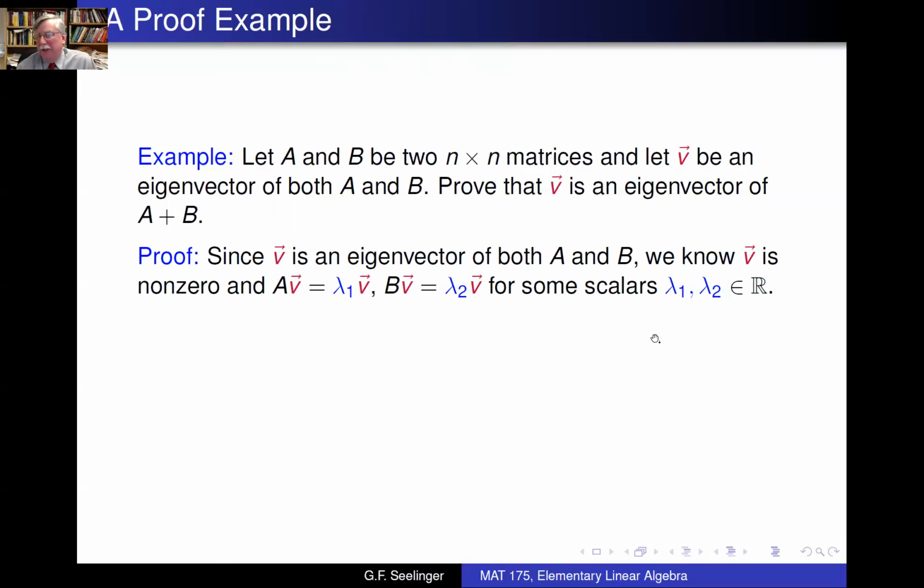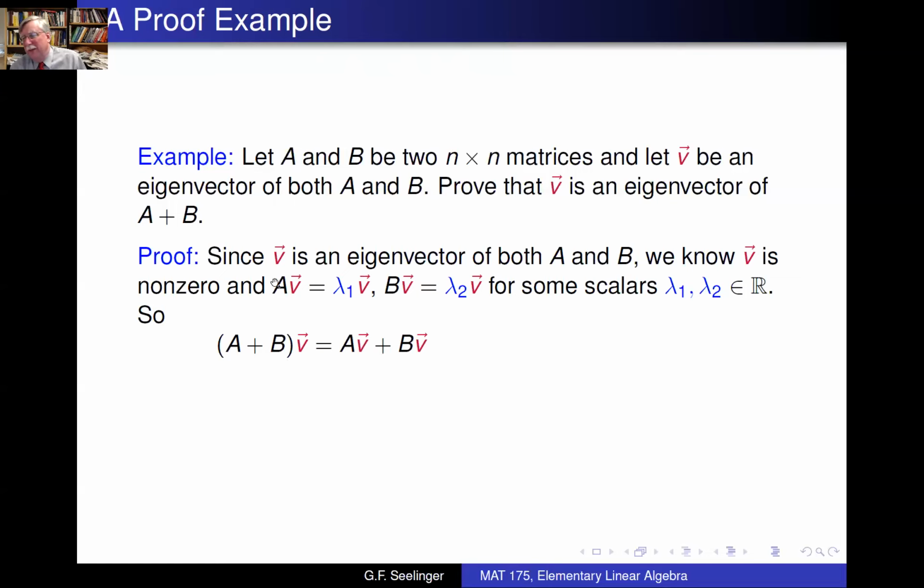So now what do I need to do? I need to show that V is an eigenvector of A plus B. So I multiply V by A plus B and see if I can get a scalar times V, a blob times V. I go ahead and distribute.